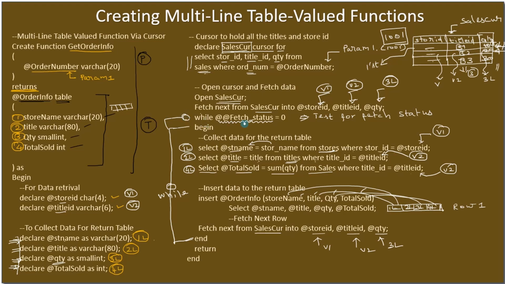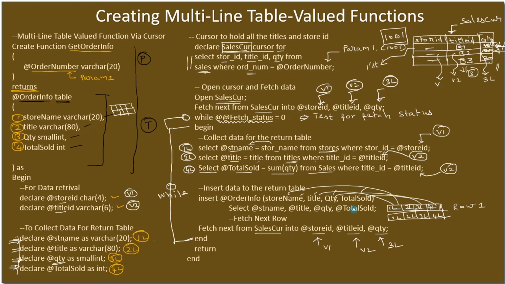We will do the test, and this test will tell whether fetch status is 0 or not. Since this is the second row, fetch status will be 0. We will come here and form our second row of data like we did previously, and this will have 1L, 2L, 3L and 4L that will get inserted here into our table.